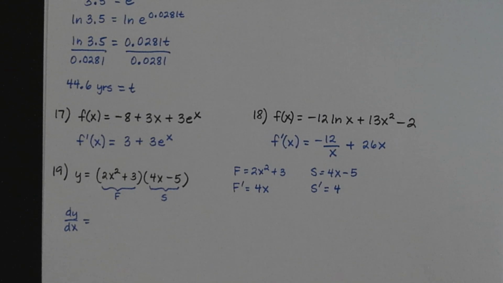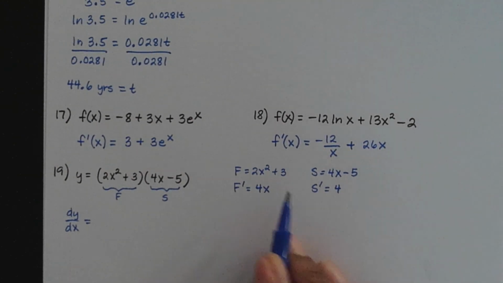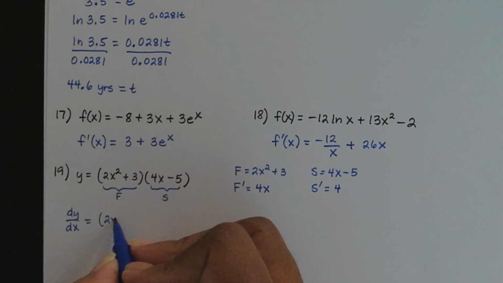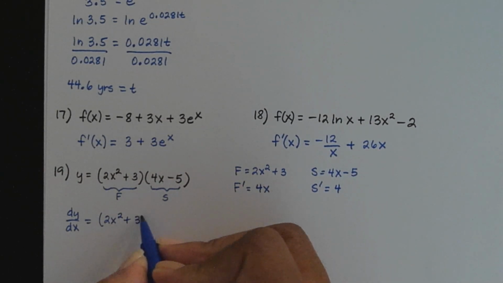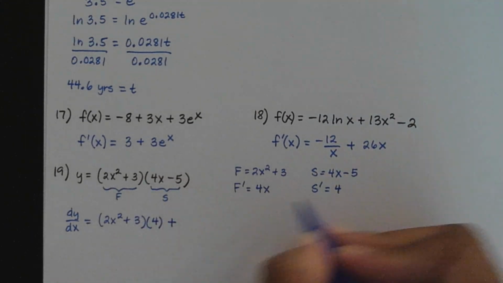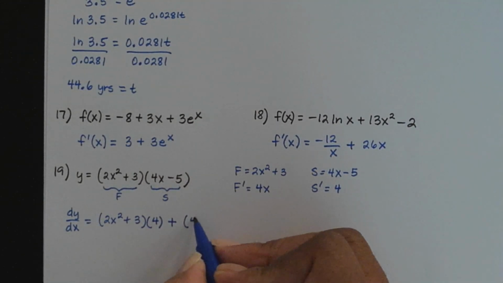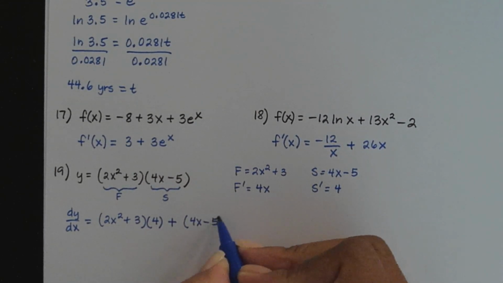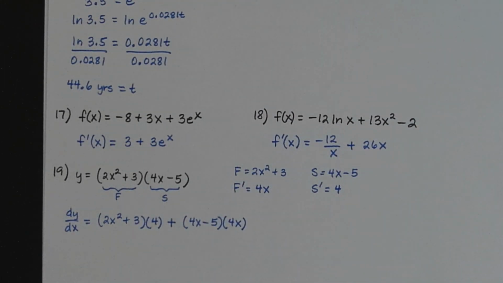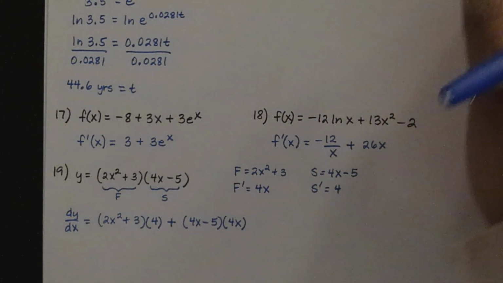Using the product rule, it would be the first, 2x squared plus 3, times the derivative of the second, that's 4, plus the second, 4x minus 5, times the derivative of the first, that was 4x. And then distribute and combine like terms.